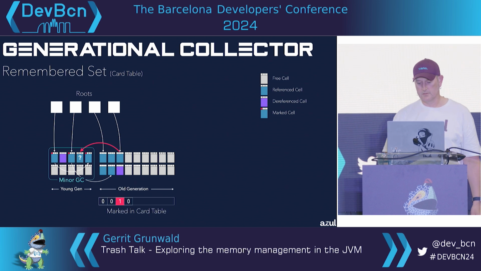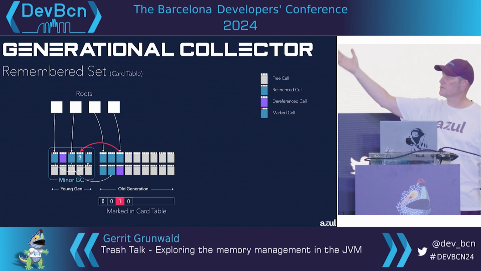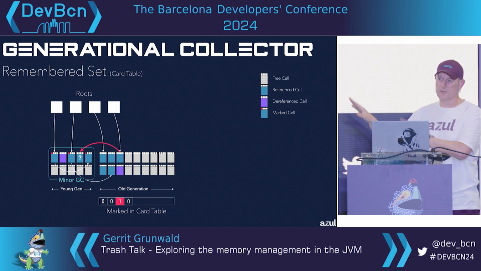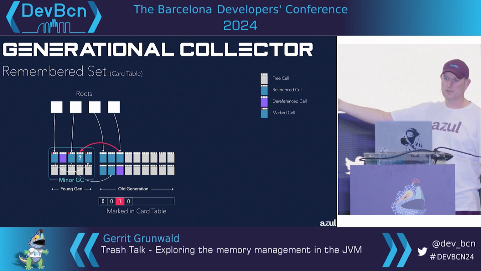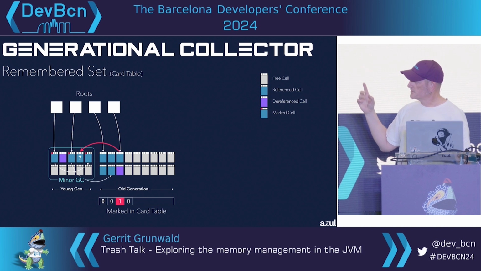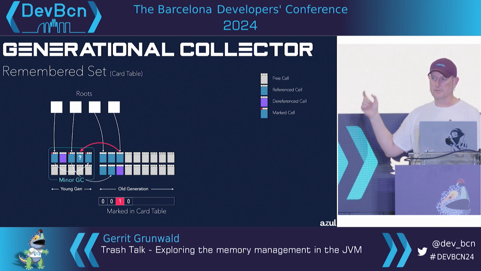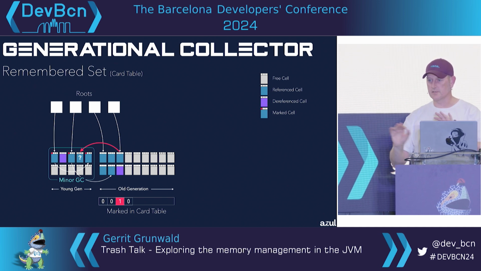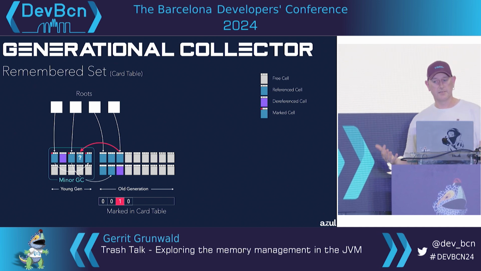And this is called a so-called mark table, or also the remembered set. Like I said, this is a very simple approach, but this is used everywhere. So if you stumble upon remembered set or card table, this is what it means. It's the functionality to keep track of references that are intergenerational, right? Because we do garbage collections in the generations differently. Could be even a different collector, and it is.